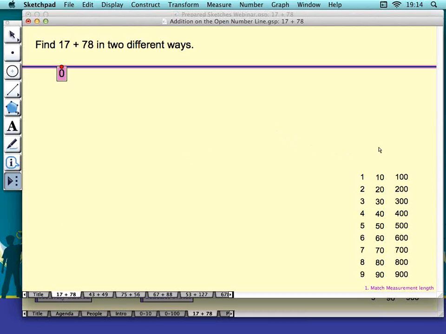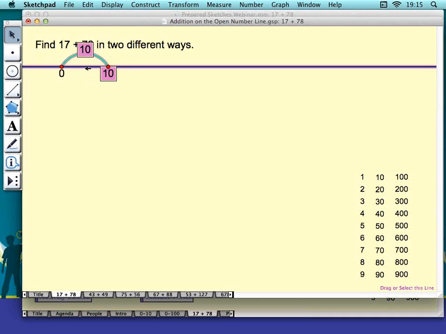To make the arcs, I'm going to match a measurement here for the length of the arc, and I only have these numbers to match. So if I want to get to 17, one way to do it, since I don't have 17 in here, would be to start with 10. And there's an arc that takes me to 10.